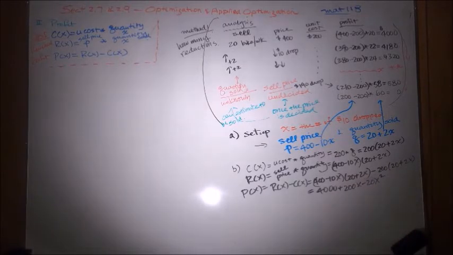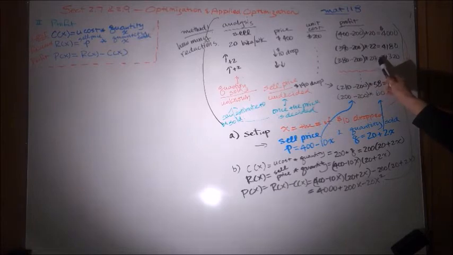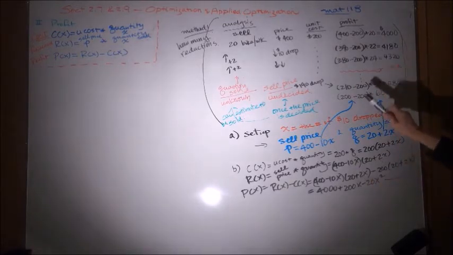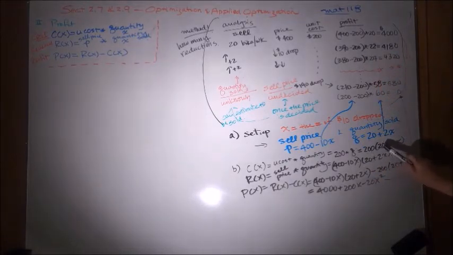Okay, then that's your profit function. Revenue would be the first number times the quantity, and the cost would be this 200 times quantity.